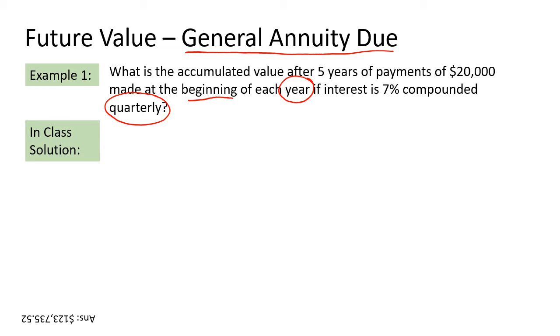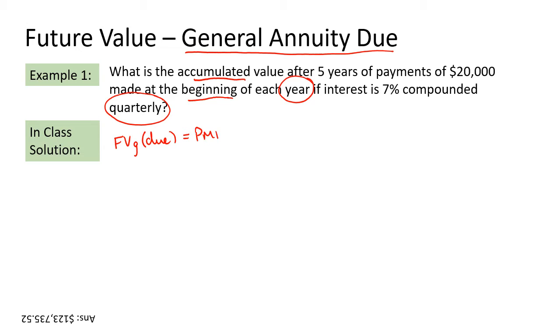This is asking for the accumulated value. That means your total value at the end, so you're looking for the future value. You can always start with the formula, future value. Again, I use this subscript G just to note that it's a general annuity, and then the brackets with due, noting that it's an annuity due, just so you use the right formula.